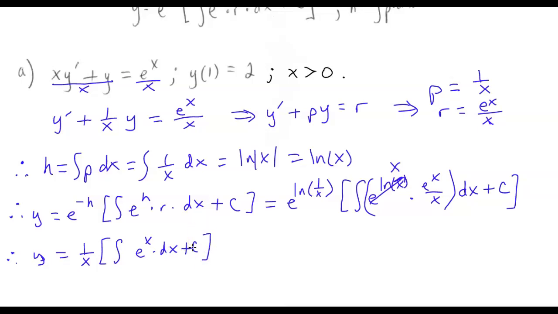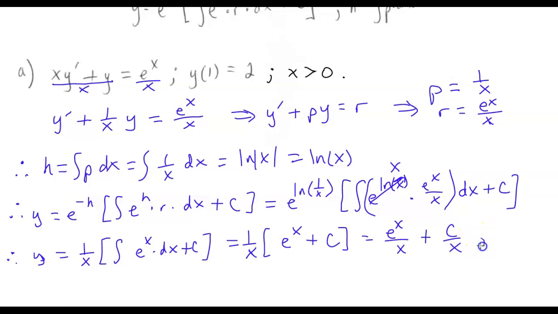plus integration constant. The antiderivative of e to the x is just e to the x plus integration constant. And so this ends up being e to the x divided by x plus c divided by x.